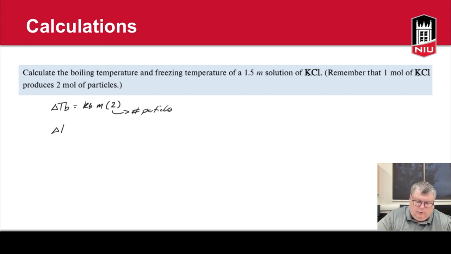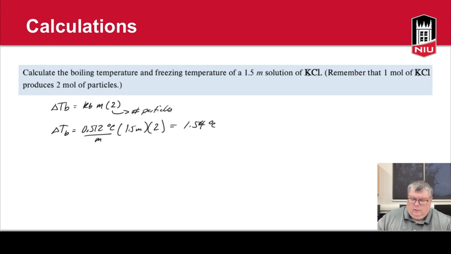So delta TB equals KB, which is 0.512 degrees C per molal, times 1.5 molal, times 2 now, and that gives us 1.54 degrees C. We add that to our 100 degrees C, and we get 101.54 degrees C. So you can see the number of particles plays a large part in the boiling point elevation or freezing point depression.